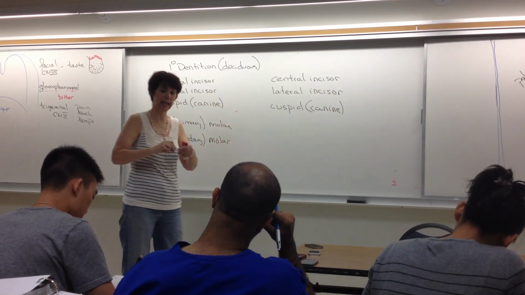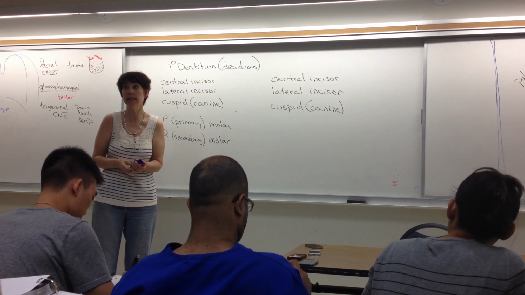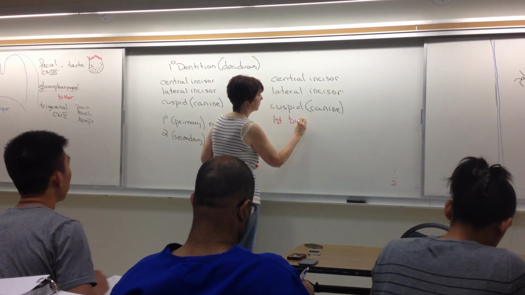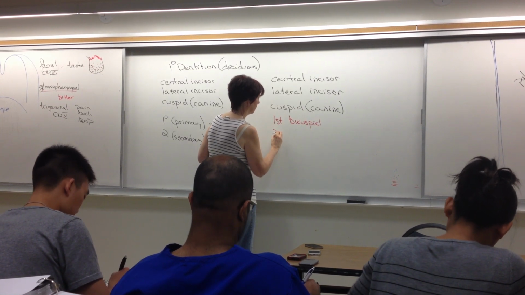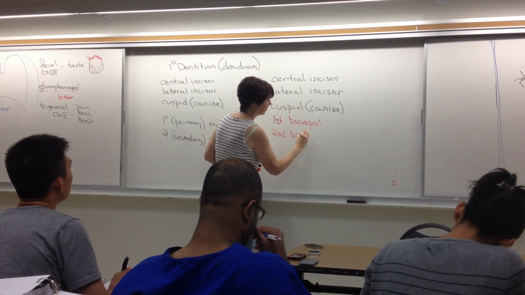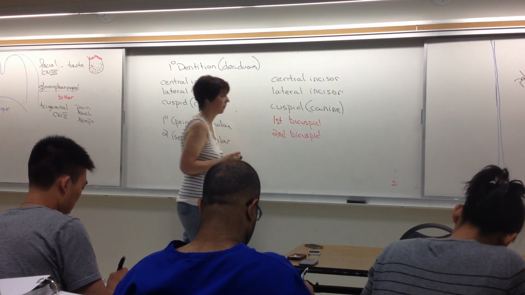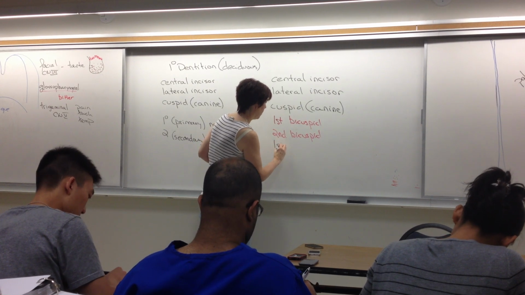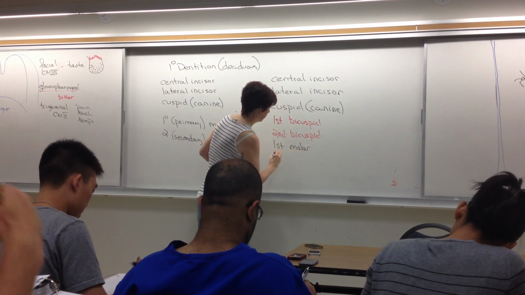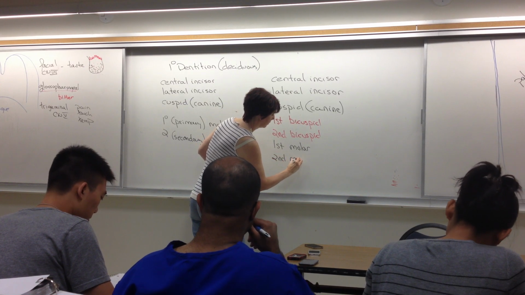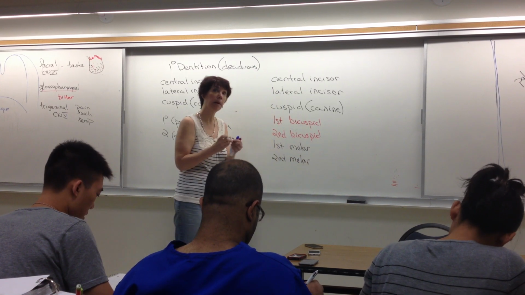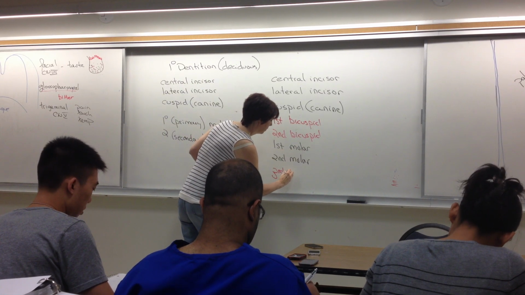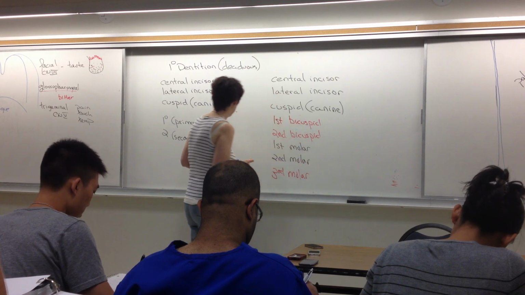And then we have first and second bicuspids. So you would only see those in the adult dentition. And then we have first molar again. And finally, what many of you know as the wisdom tooth is the third molar.